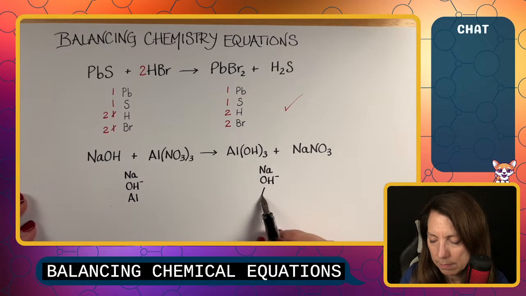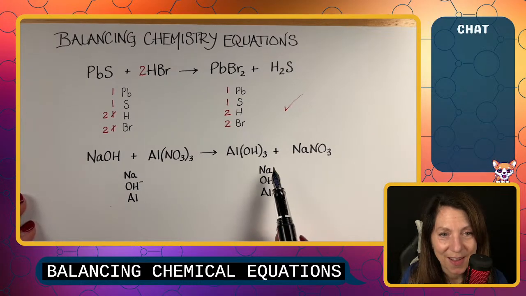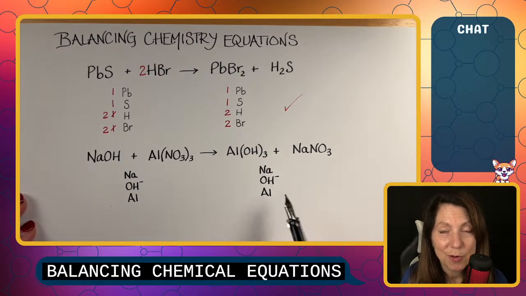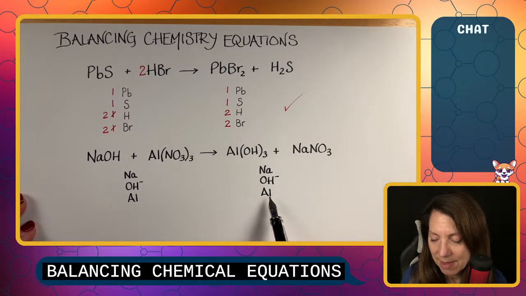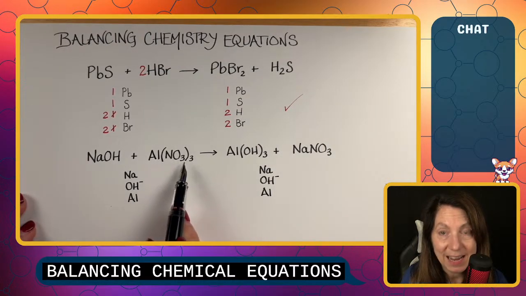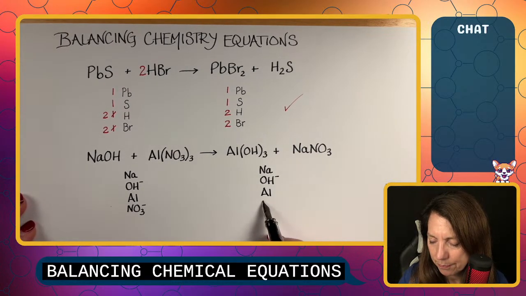And we have aluminum. Notice I'm not putting the charges on the sodium and the aluminum because we're just keeping a tally of what's there. We're just counting them up, okay? And then we have this nitrate that I was just mentioning. That's also a polyatomic. The hydroxide here is polyatomic, so is the nitrate.